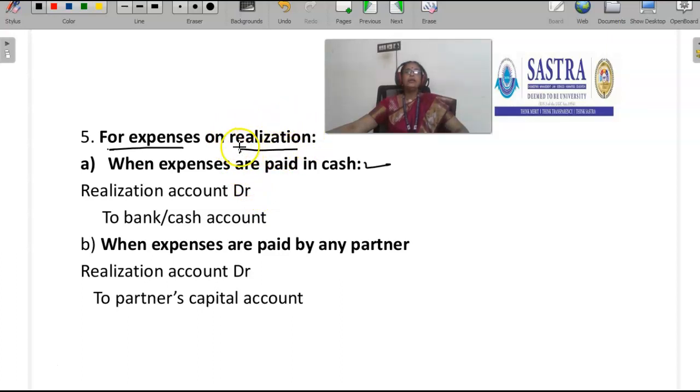Okay, so how are they going to deal with realization expenses? When expenses are paid in cash, realization account debtor to bank or cash account. When expenses are paid by any partner, if one of the partners paid the realization expenses, then the entry would be realization account debtor to partner's capital account.